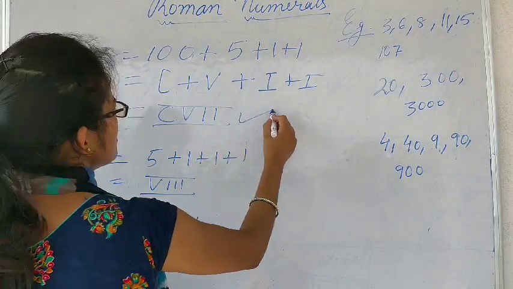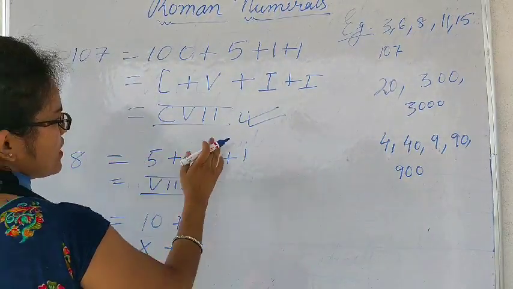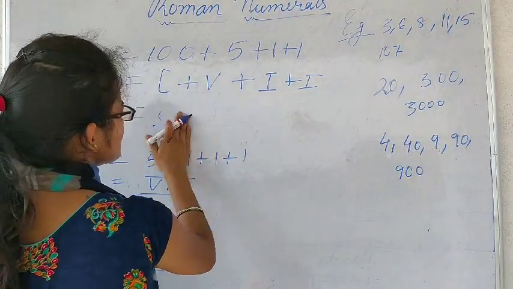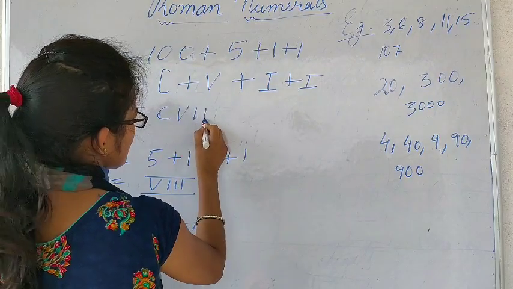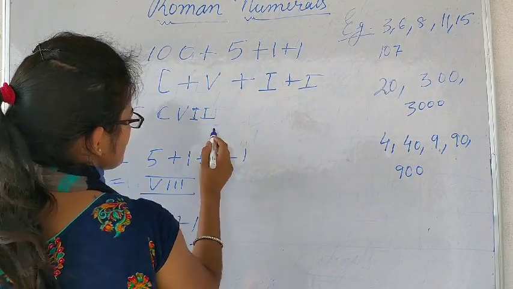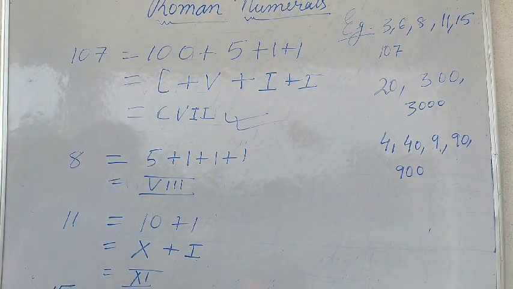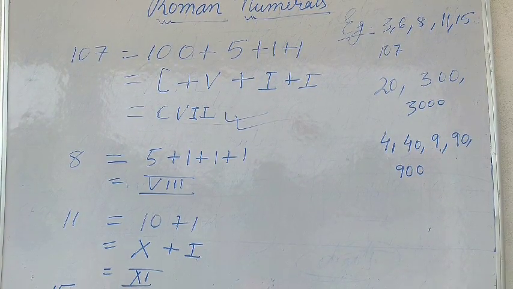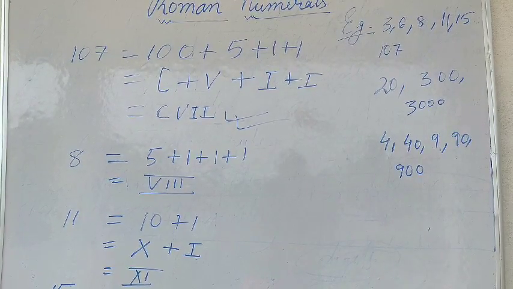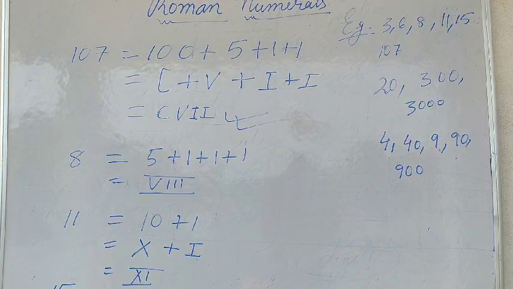This is the symbol used for writing the number 107. Till now we have written all these numbers, 3, 6, 8, 11, 15 and 107, by using the addition rule.